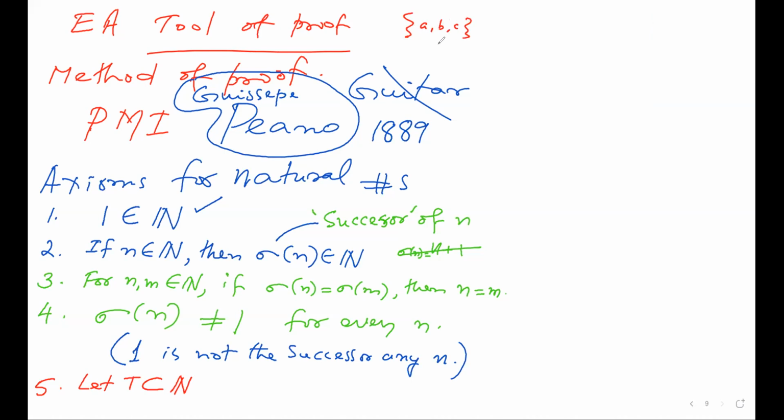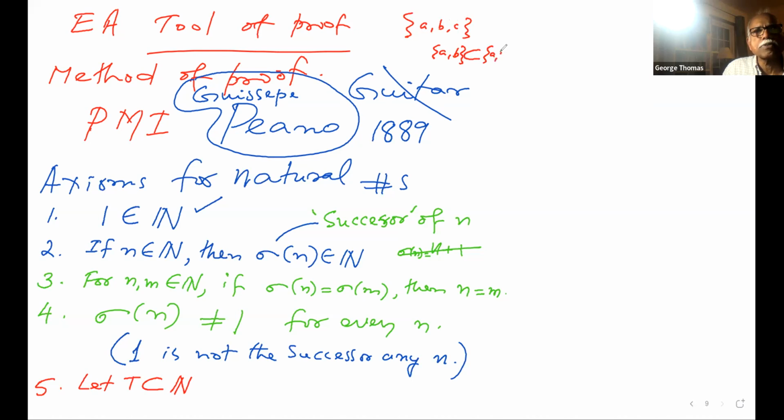Yes, sir. And here is one subset. A subset has some of the elements of the original set. It could have all the elements, in which case it is the same.